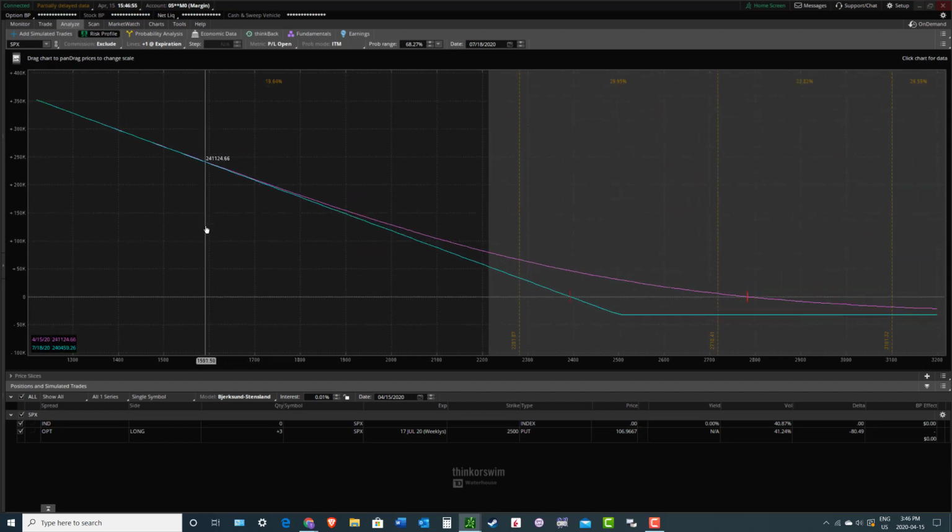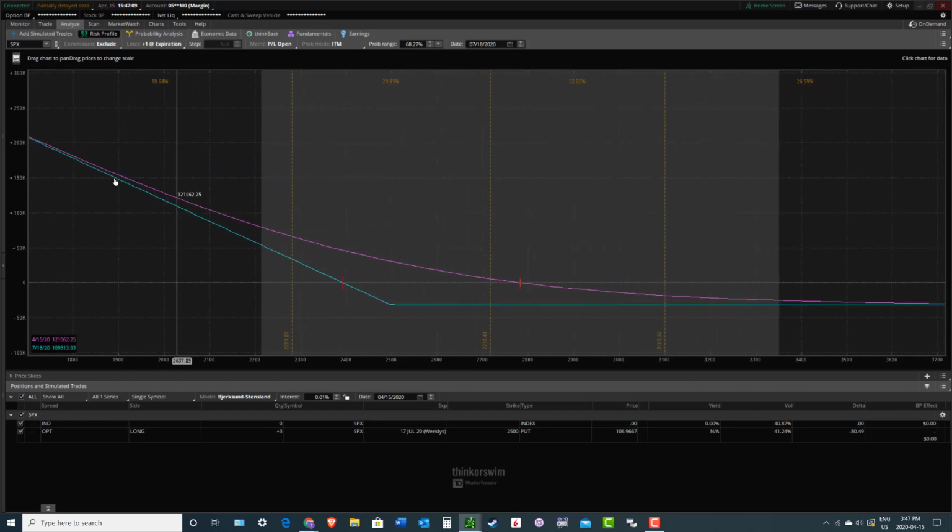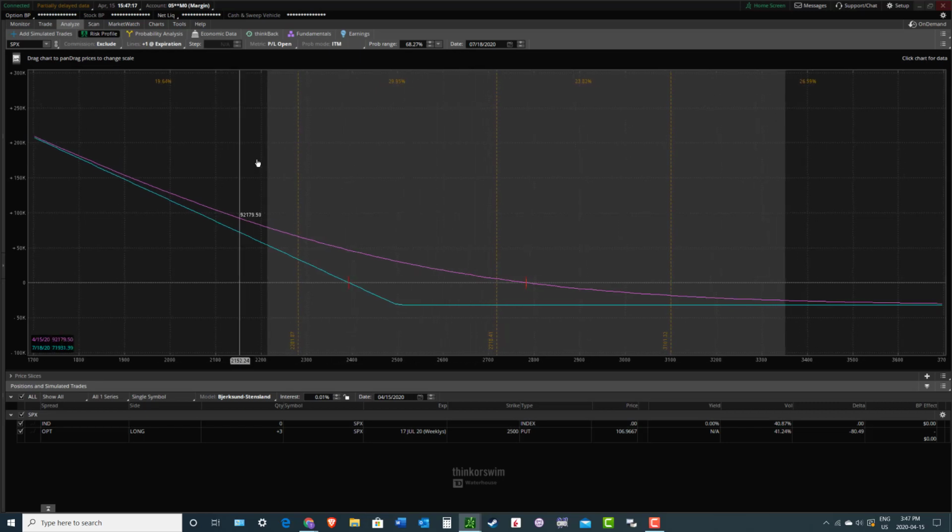And if we go down to, let's just say 1500, it's 267,000, at 1600 it's 240,000, at 1700 it's 208,000, 207,000 roughly. So a lot of potential downside gains there off of a $32,000 max risk position. So that's really the reason for this.